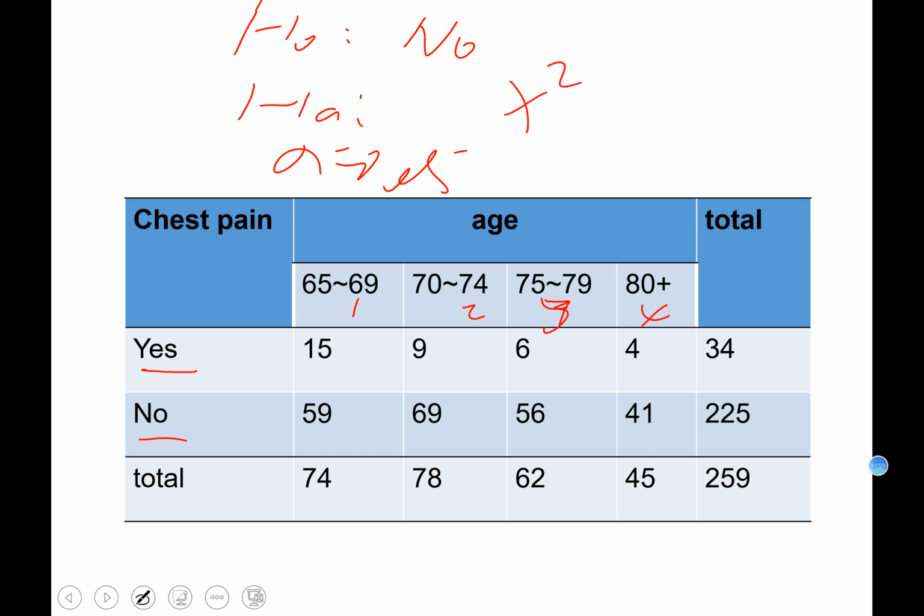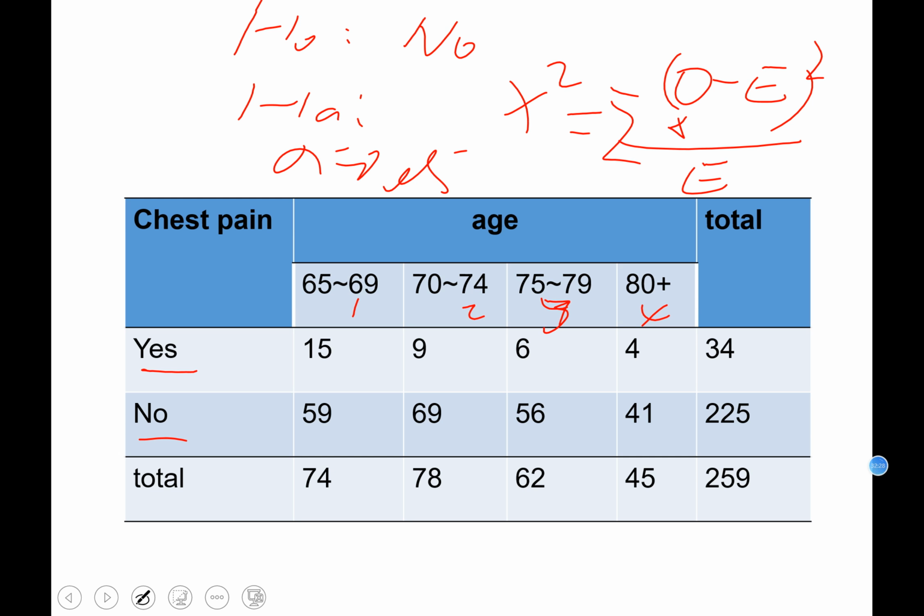And the second one is to calculate the chi-square value. And how can we get the chi-square value? We can use the formula that we have learned in our class. That is sigma (O minus E) squared divided by E. And here O means the observed frequency.